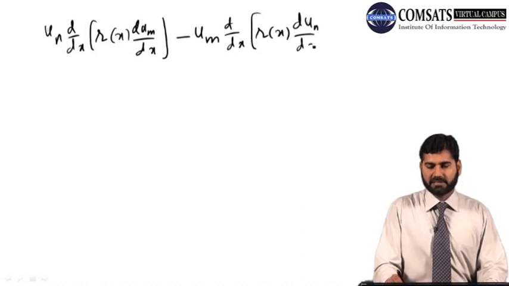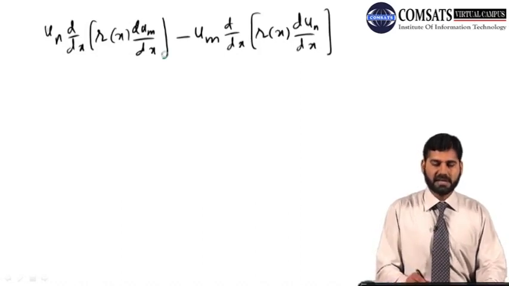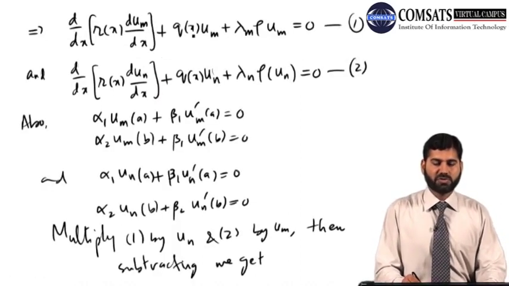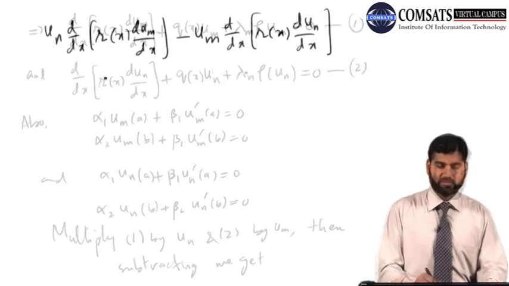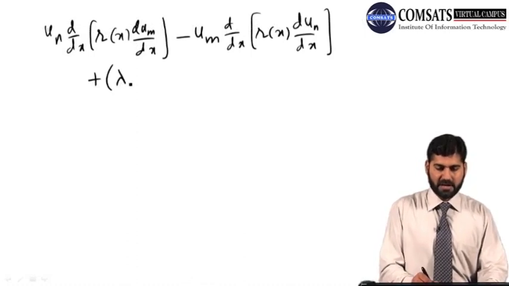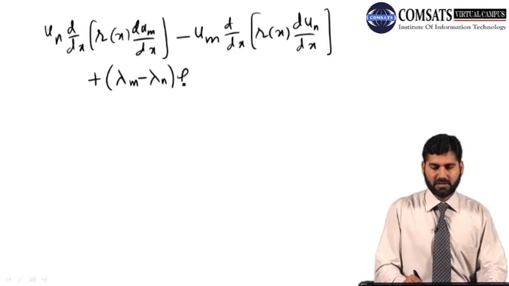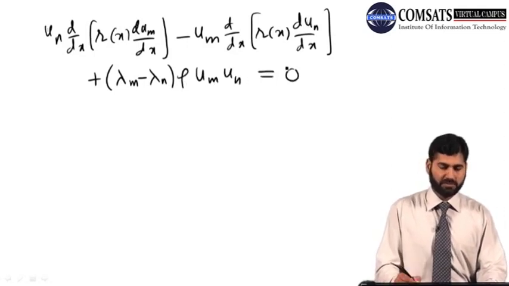Right, this is from the first term. These will be cancelled out because Q(x) un um, they will cancel out. Here you will have lambda m minus lambda n, so plus lambda m minus lambda n rho um un equal to 0.